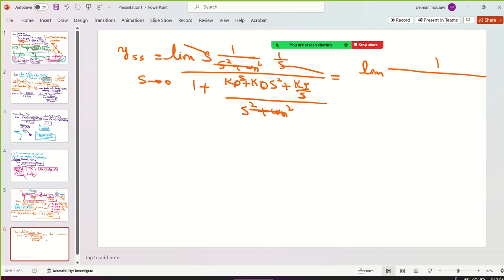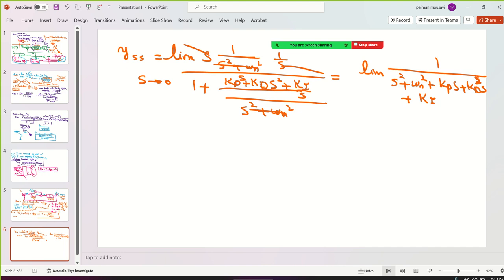And you're gonna have this S square plus omega n square plus KPS plus KDS square plus KI over S. Here I made a mistake.